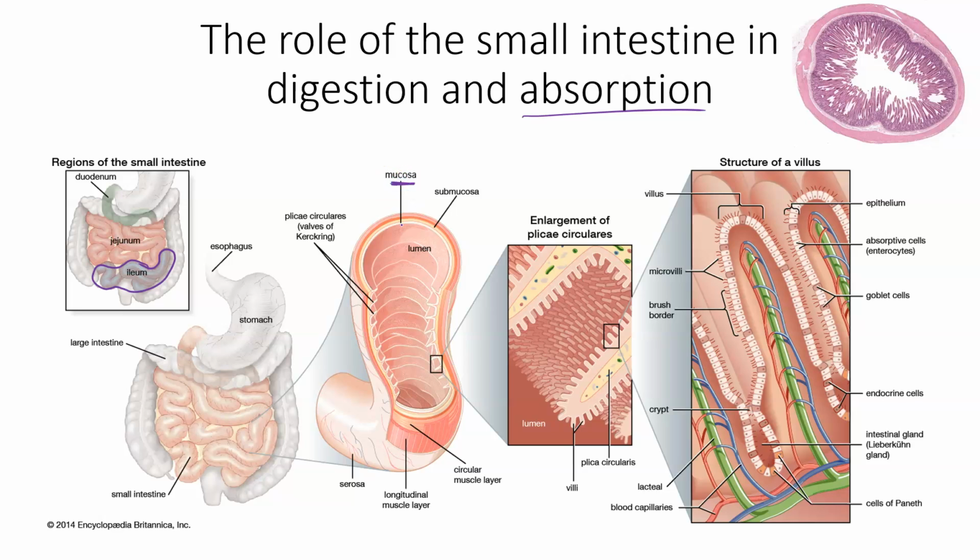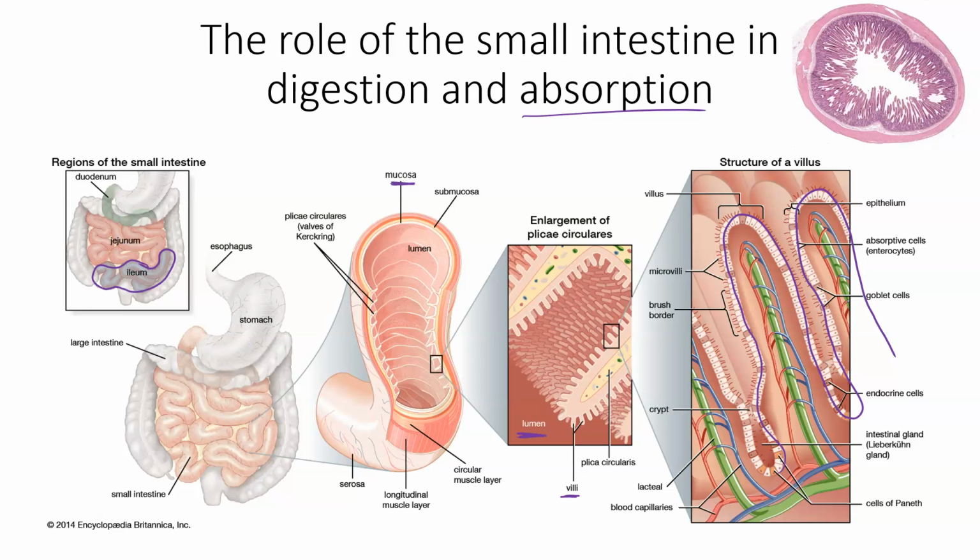But if we zoom in even farther, you will notice that in this mucosa layer, which is on the inside of the circular muscle layer, there are tiny projections called villi, which when we zoom in actually look like tiny finger projections that extend into the lumen, greatly increasing the amount of surface area the inside of this tube has in terms of its absorption efficiency.